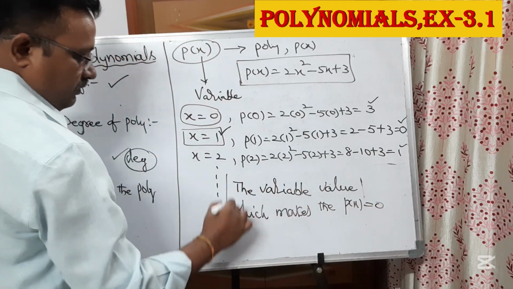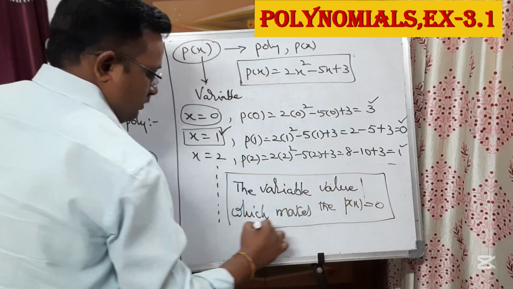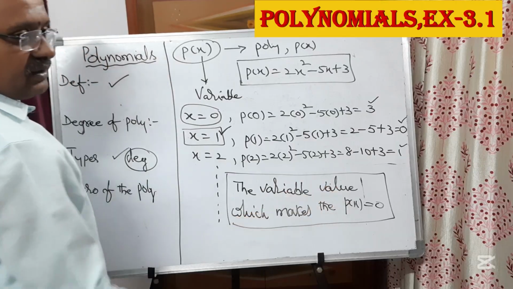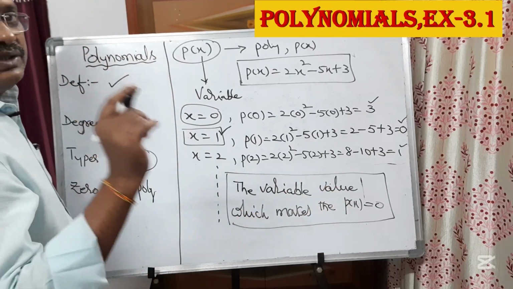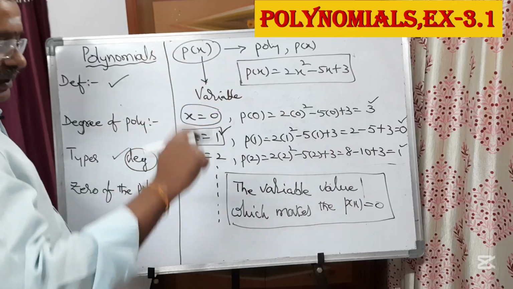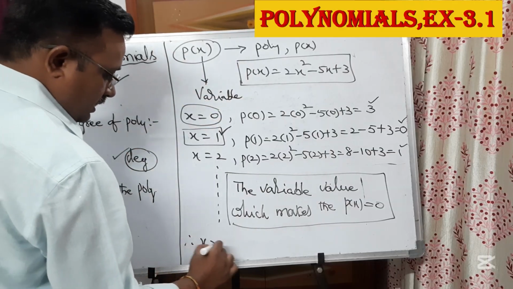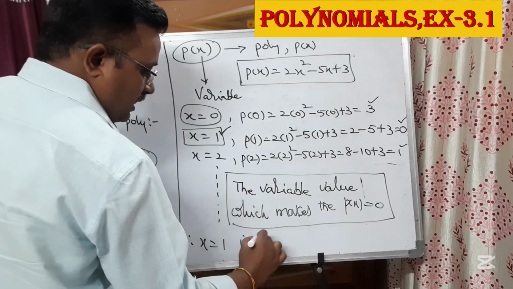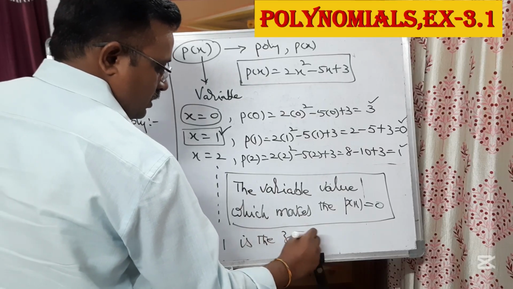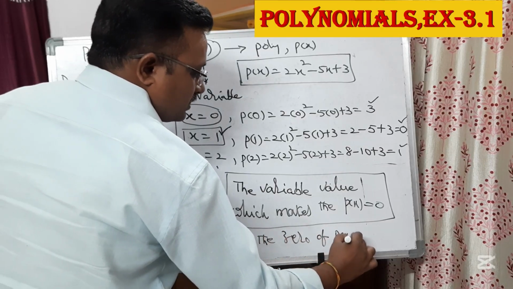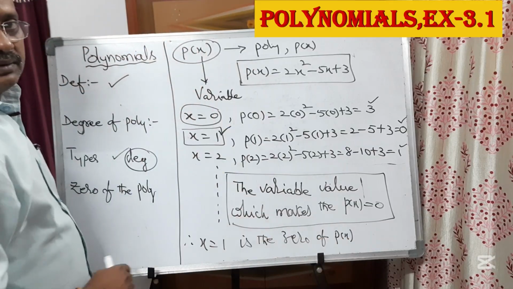Simply, the variable value which makes p of x equal to 0 is called the 0 of that polynomial. Therefore, x equal to 1 is the 0 of p of x in this example.